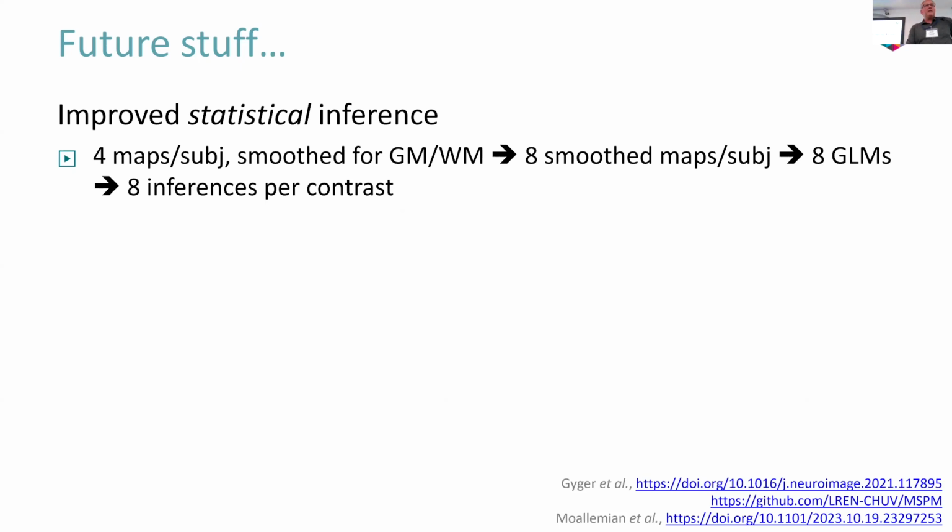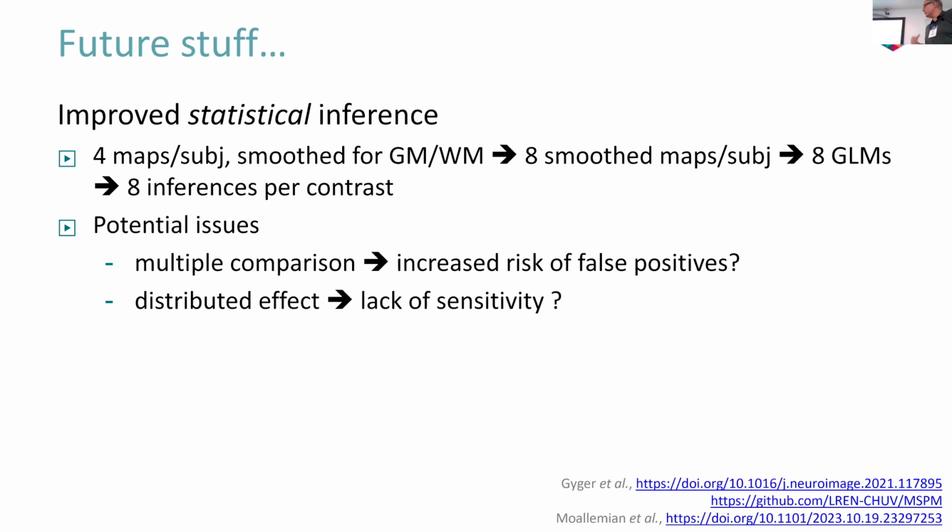And the statistical inference, that's the issue of 8 GLMs. That means 8 inferences per contrast. So if you want to test the difference between two groups, well, you do it 8 times: 2 tissue classes, 4 maps per tissue class. So there is a risk of multiple comparisons and a lack of sensitivity.